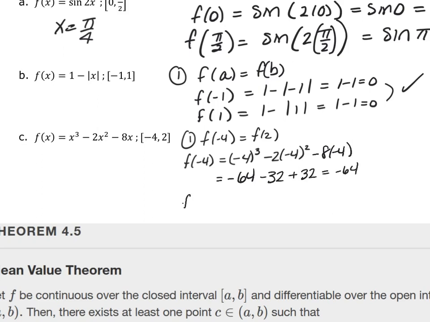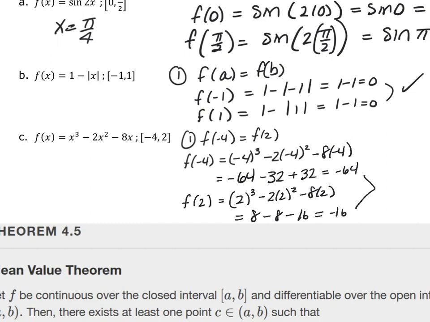Now I have to check it for 2. So I'm going to put 2 in there. And I have 2 cubed minus 2 times 2 squared minus 8 times 2. So I get 8 minus 16. This is going to give me -16.